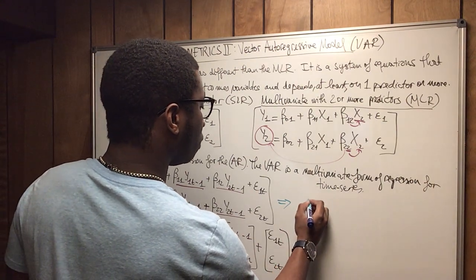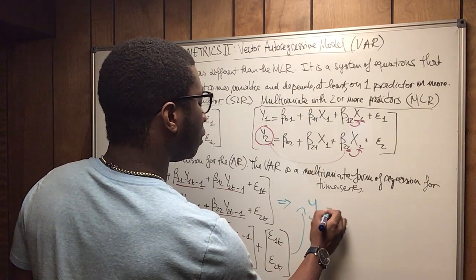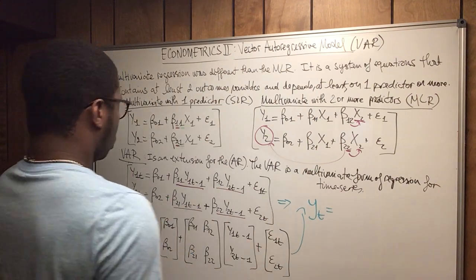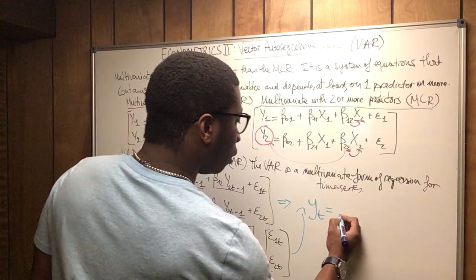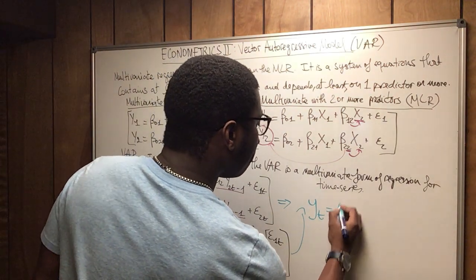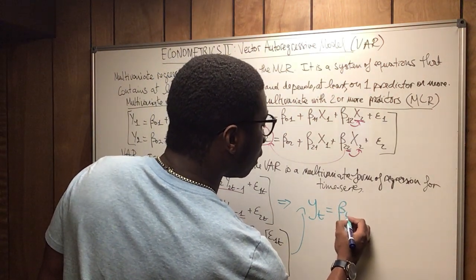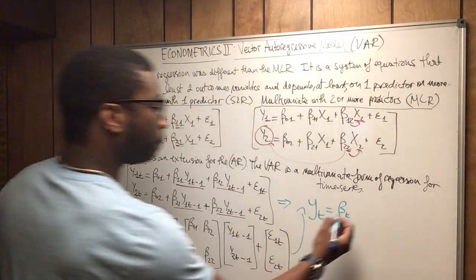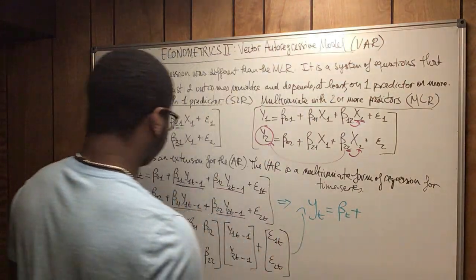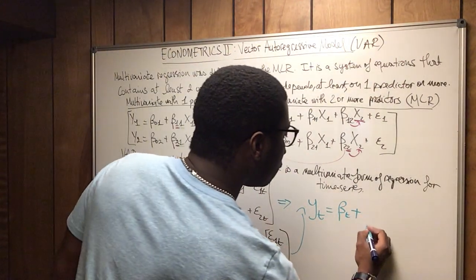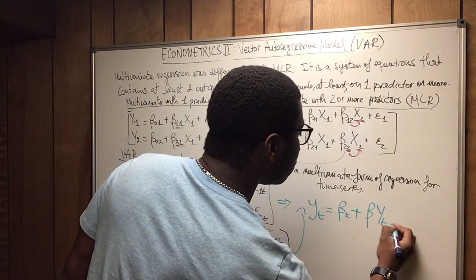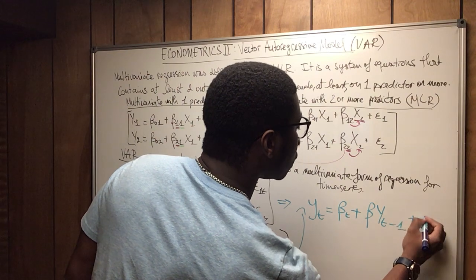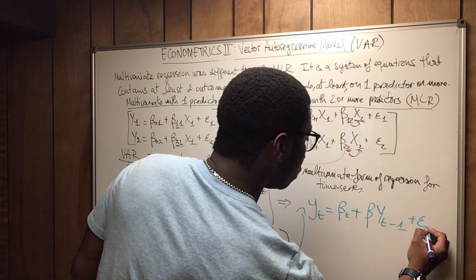So it's going to give Yt equals, so the fixed parameters we can simply put a big beta, so beta plus beta Yt minus 1 plus epsilon t.